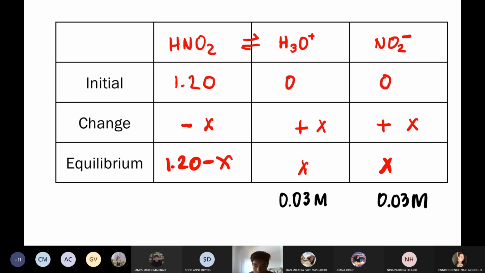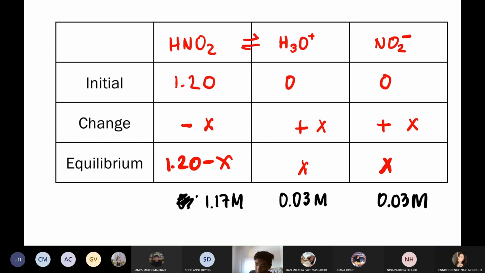And the concentration of HNO2 at equilibrium will be, calculate ko. That's 1.2 minus 0.03. Sorry, hindi siya 0. That will be 1.17 molar na lang. Okay? So, ganun lang.